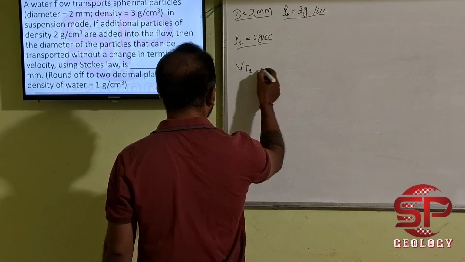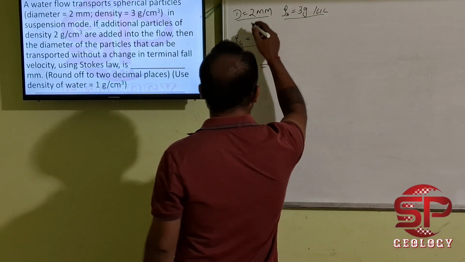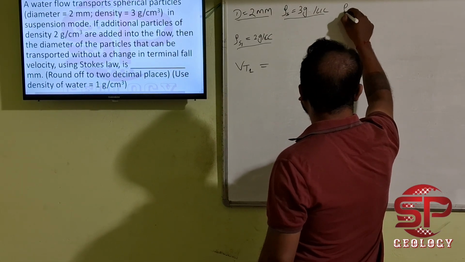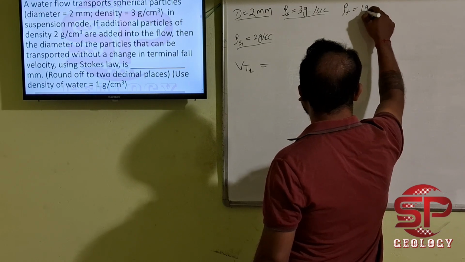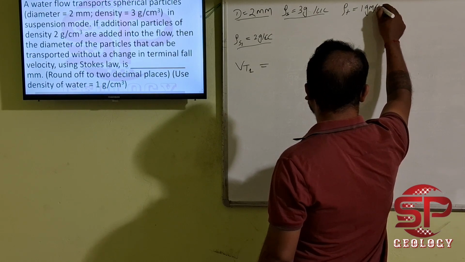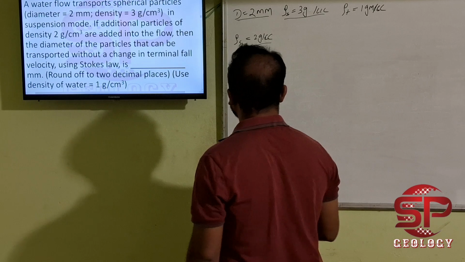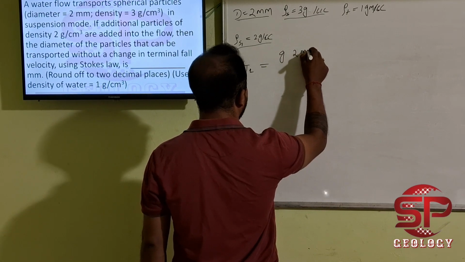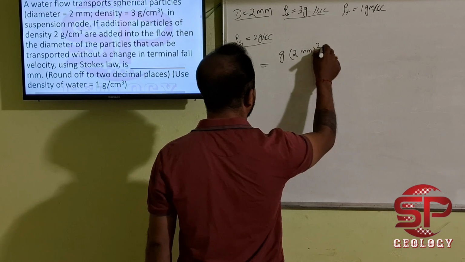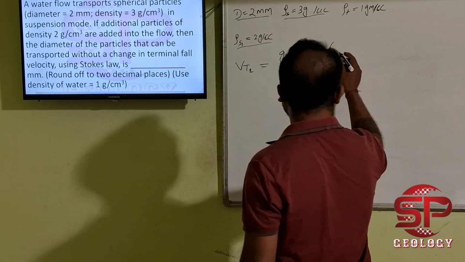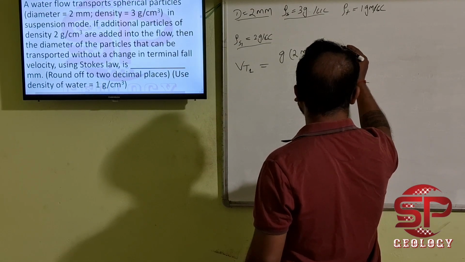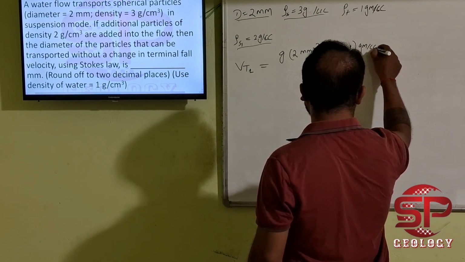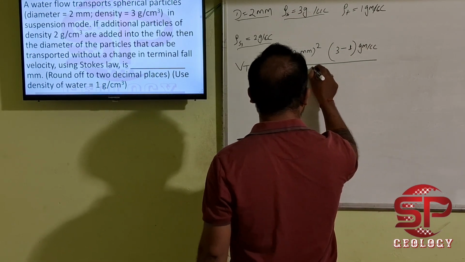So first we will calculate the terminal velocity of particle 1. It is given 2 mm, rho s is 3 gram per centimeter cube, rho f is 1 gram per centimeter cube. So Vt1 equals g into 2 mm square into rho s minus rho f, 3 minus 1 gram per cc, divided by 18 mu.